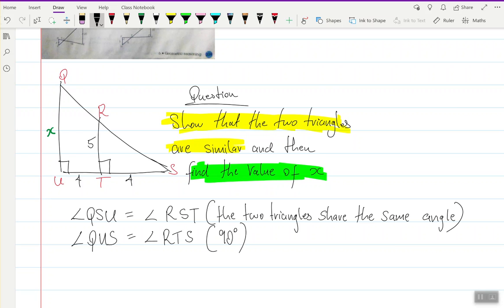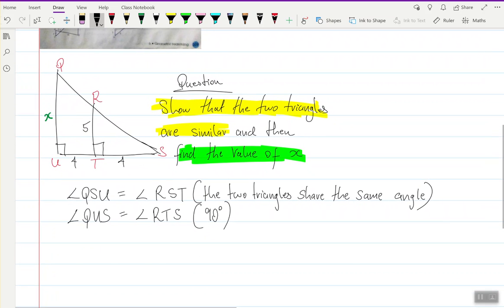Then the last one, because we know what's the total of the angles in a triangle? 180, right? So we can say that angle QSU, that one at the top there, is the same as that one. It would be because they add up to 180.